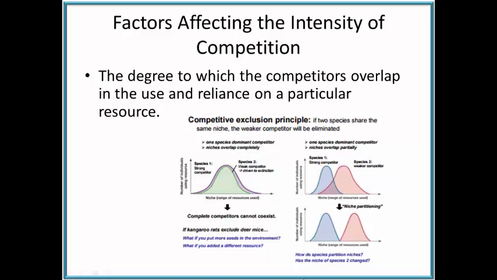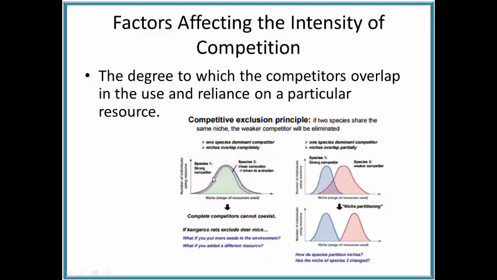In this graph, we're looking at some range of resource. Think of it as temperature or seed size or moisture conditions. And on this axis is simply success. And what we find is there's some low range where they are barely successful, some high range where they're barely successful, and some average at which they're highly successful.